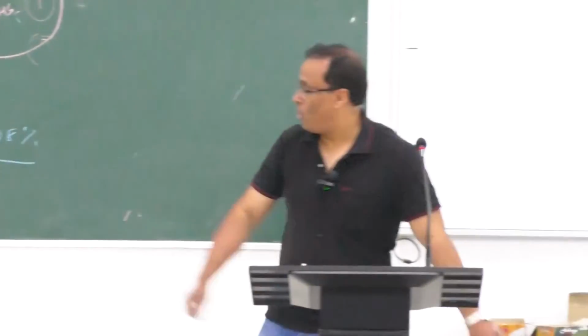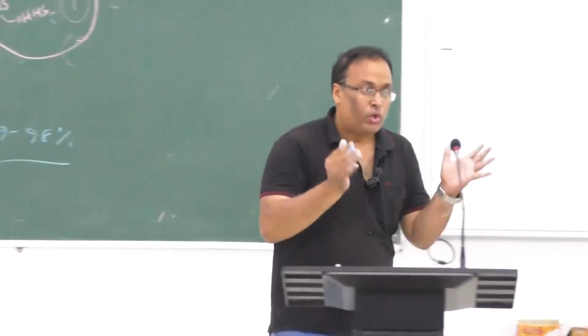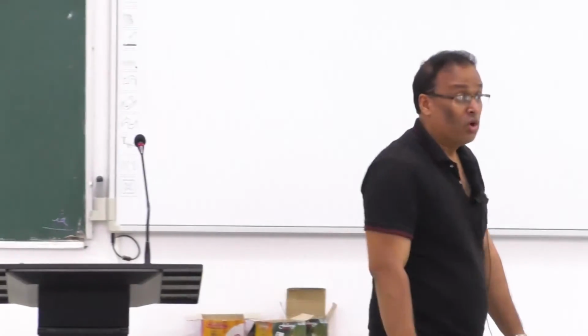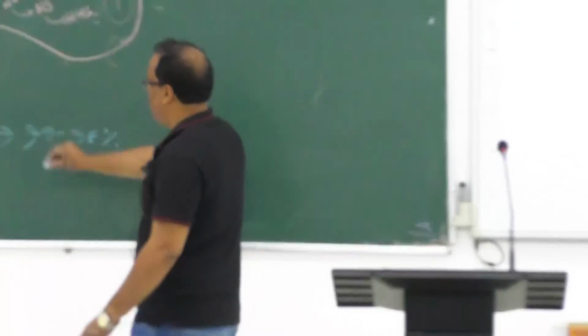Now this oxyhemoglobin formation means what? অক্সিজেনকে ধরে রেখে দিচ্ছে কার মধ্যে? হিমোগ্লোবিনের মধ্যে। তাকে বলা হয় স্যাচুরেশন অফ হিমোগ্লোবিন। আলটিমেটলি এটা কি হচ্ছে?